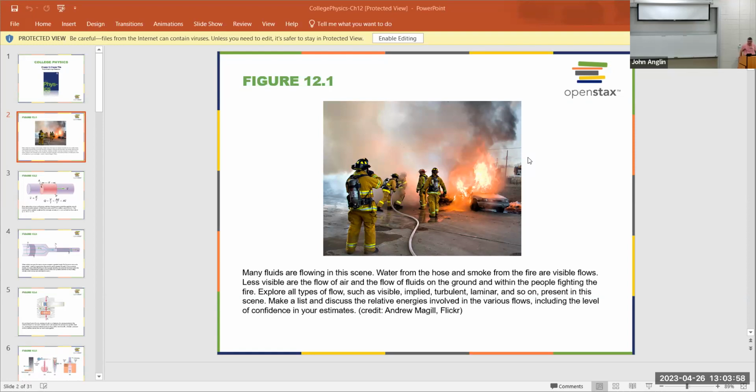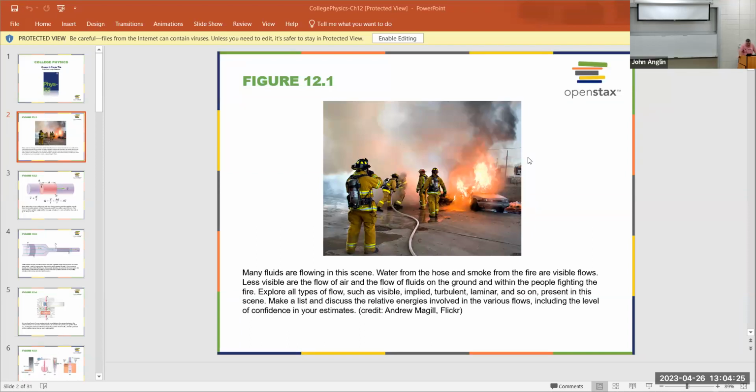So what we're going to look at now are fluids in motion. If we take a look at the first image here, you've got a bunch of firefighters spraying water on a fire or something. What they want you to look at in this image is the idea that there are a lot of different fluids, right? You could model the smoke as a fluid if you wanted.